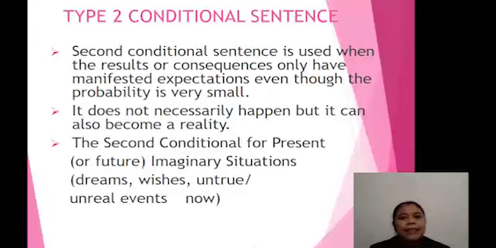It doesn't necessarily happen, but it can also become a reality. The second conditional is for present or future imaginary situations, dreams, wishes, untrue, unreal events now. Okay, those are about type 2 conditional sentence.